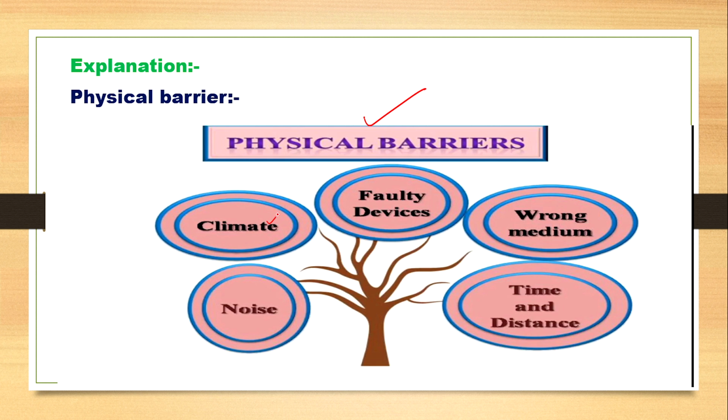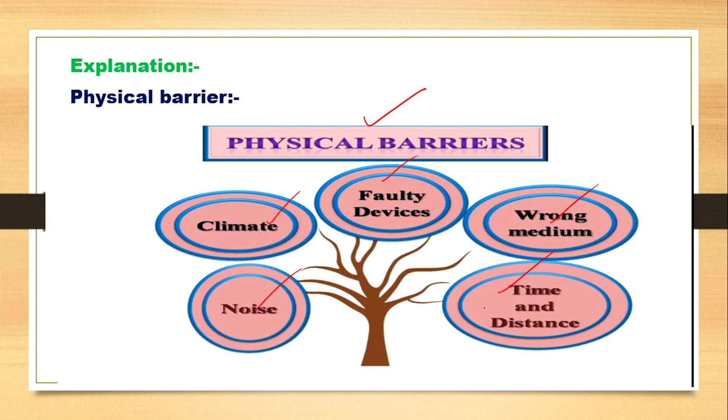Climate, faulty device, wrong medium, time and distance, noise. These are the reasons why physical barriers occur. If our device is faulty then it becomes a barrier, and wrong medium, if I want to call you then I have to use phone.